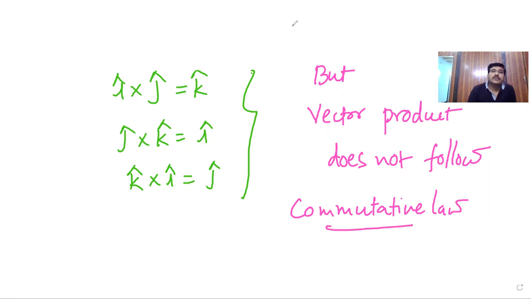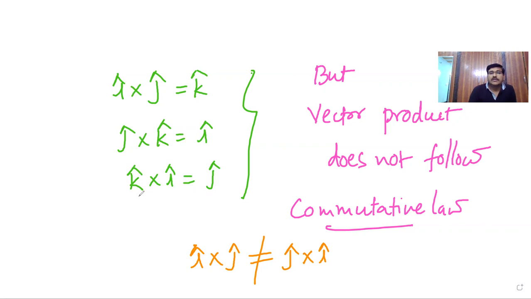Have the clarity. What is the meaning of that? I bar cross J bar is not equal to J bar cross I bar. Be careful. Similarly, J bar cross K bar is not equal to K bar cross J bar.